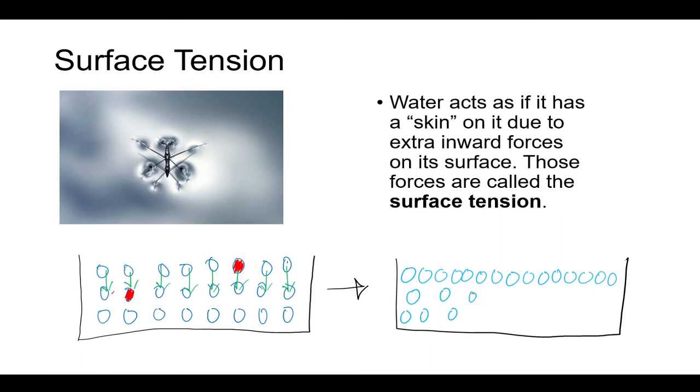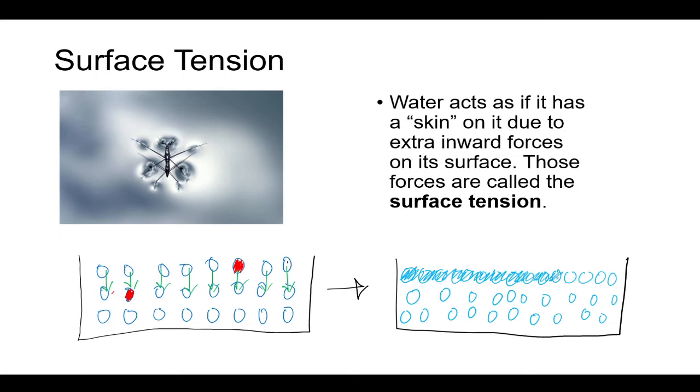It's exaggerated here, but some are spaced a little bit more apart. They're rattling back and forth, bouncing off because there is no net effect on any one of these water molecules like there is at the surface. And so what you end up getting here is actually this fine skin across the surface.